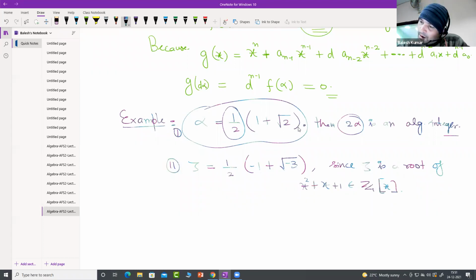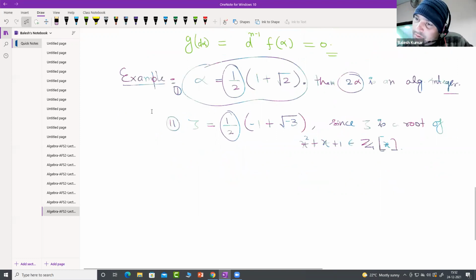But here we have the denominator 2, and that's what I would like to convince you of: just by looking at the denominators, one should not get the impression that it is not an algebraic integer.